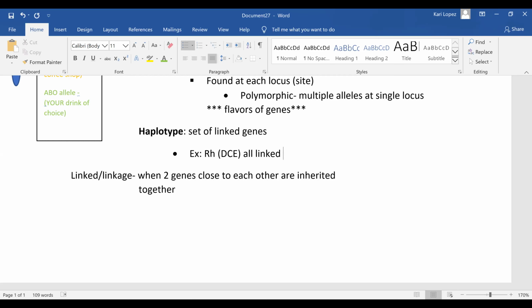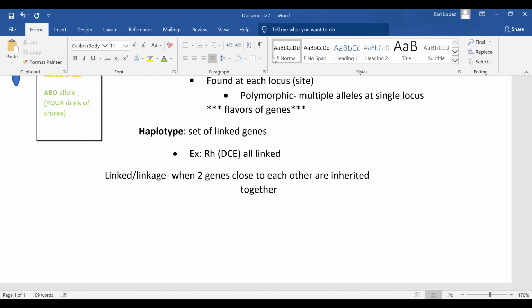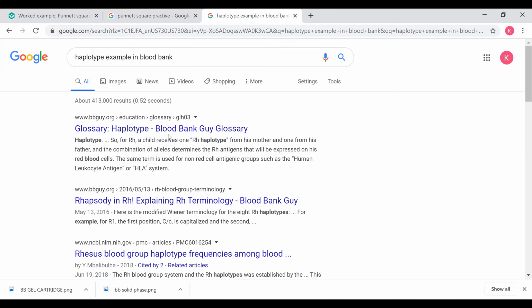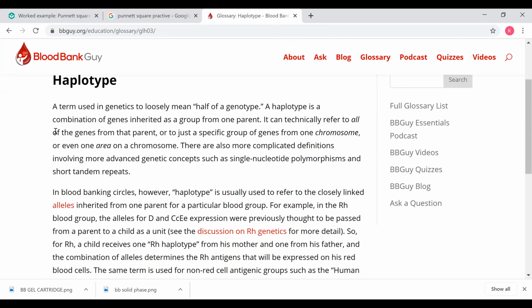Now, not all genes are haplotypes. It's just when they're linked. So it's inherited as a group from one parent.